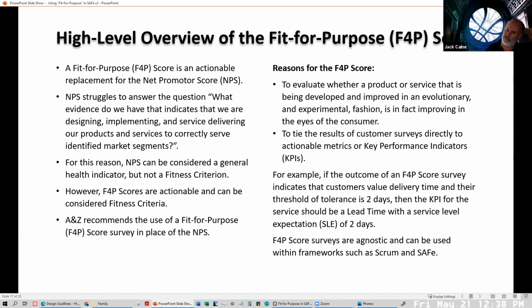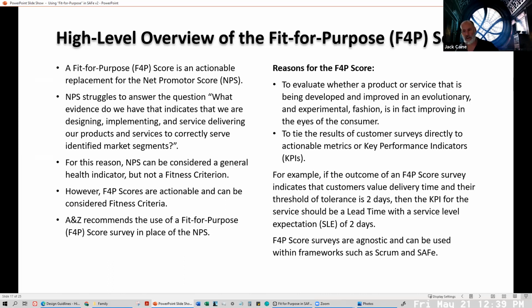And the survey results tie the results of the customer surveys directly to actionable metrics or KPIs. For example, if the outcome of this survey indicates that the customers value delivery time and their threshold of tolerance is 2 days, then the KPI for the service should be a lead time with a service level expectation of 2 days. NPS doesn't tell you that.